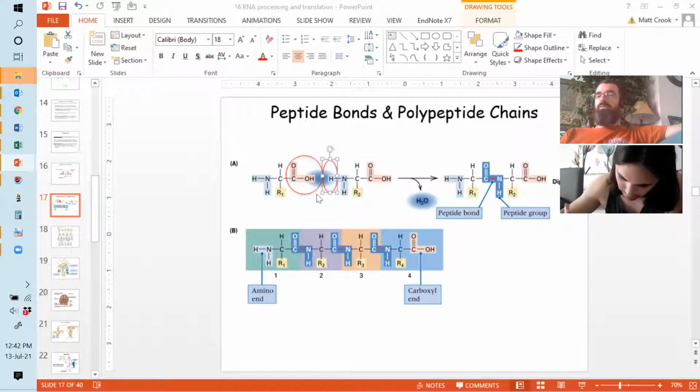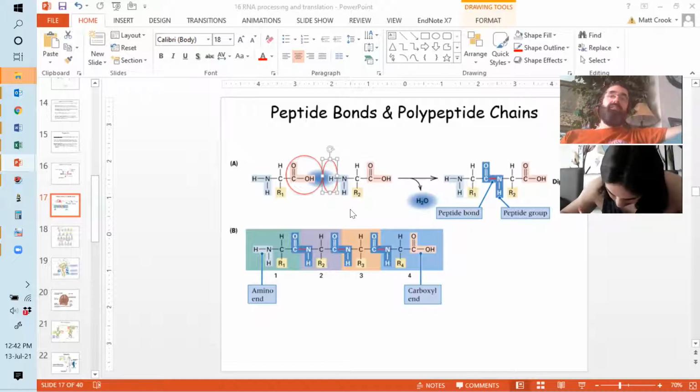Basically, the hydroxyl group, the OH, is removed from one amino acid, and the hydrogen is removed at the beginning of the next one, and a peptide bond is formed between the carbon and the nitrogen. That also generates the water.